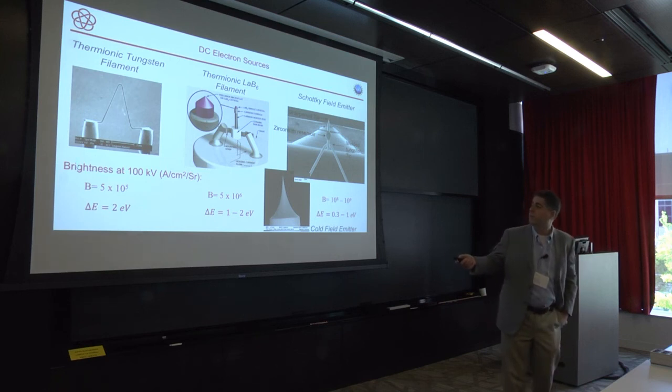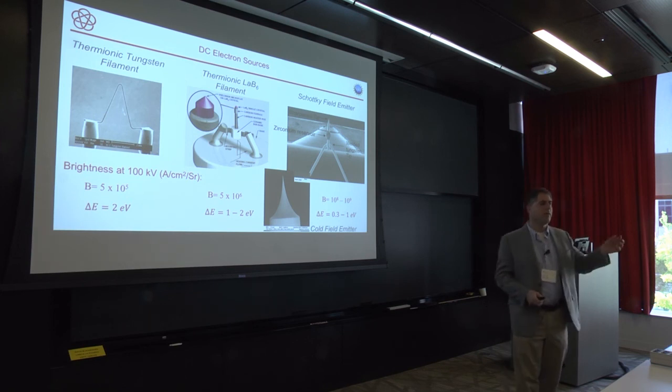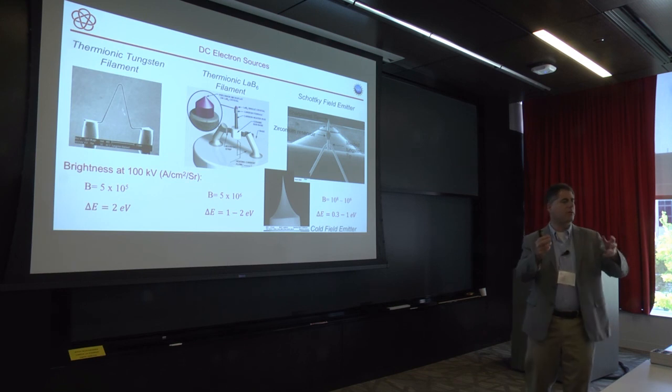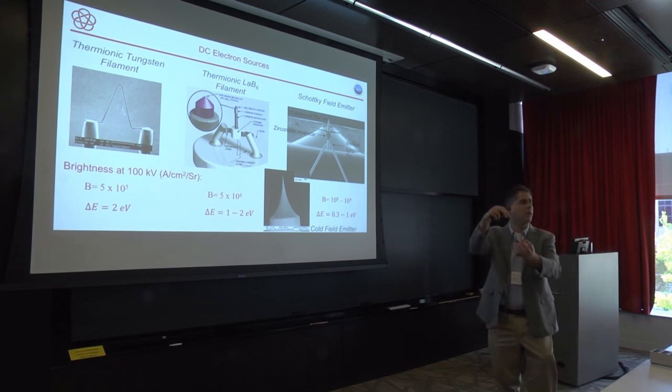What effect? The Boersch effect. It's the fact that I've got a whole bunch of electrons coming out together, and there's a Coulomb repulsion right near the surface of the tip, because at the tip surface the electrons are moving at very low velocity.